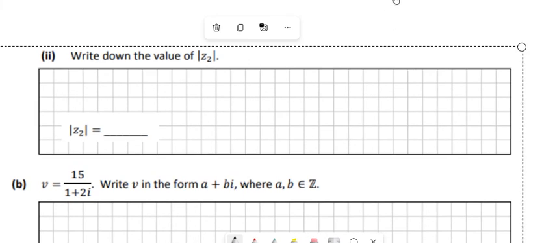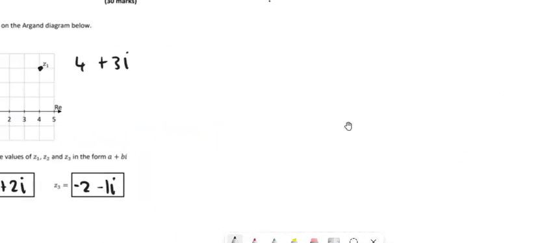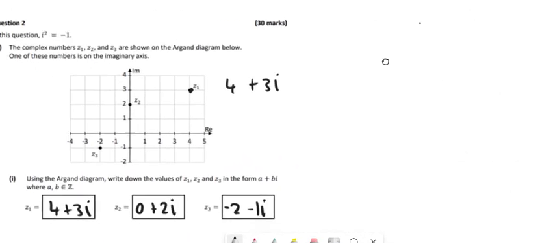Right, second part we have to find, that's called the modulus. The two lines down the side of it are the modulus. So for Z2, Z2 is 0 plus 2i.